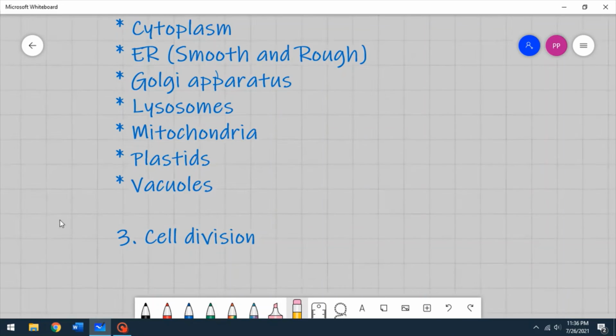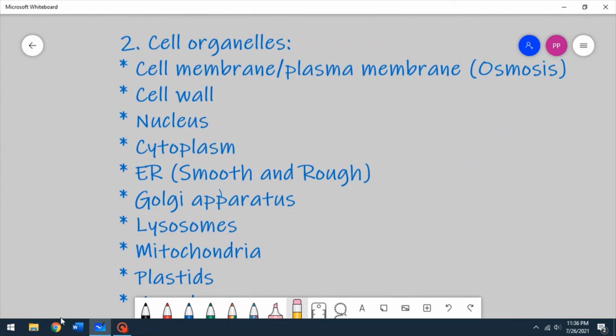We learned about the introduction, and then we learned about cell organelles. I'm just doing the main things that we talked about. In that we talked about cell membrane, in which we talked about osmosis. We talked about endosmosis, which is seen in hypotonic solutions.